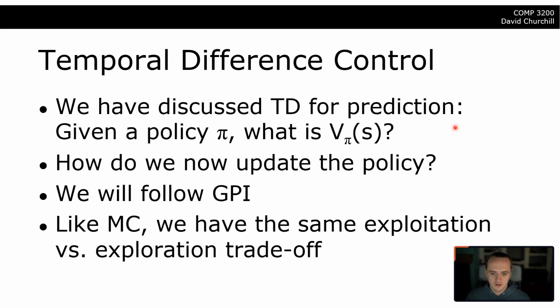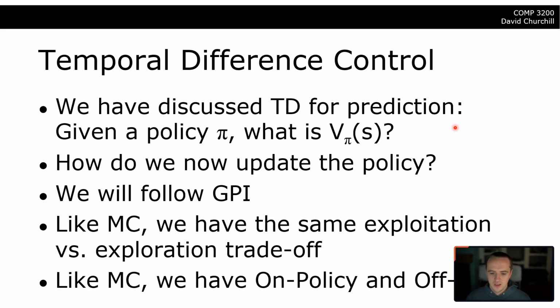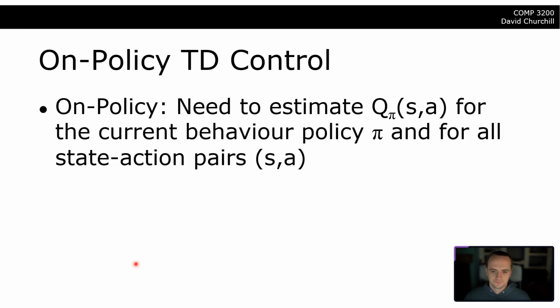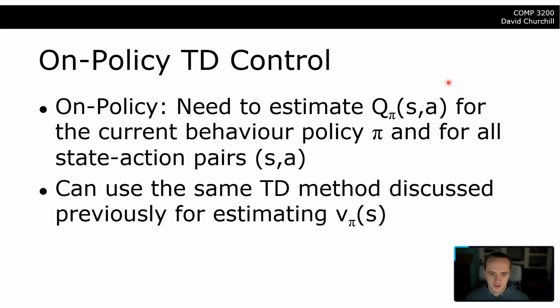Like Monte Carlo, we have the same exploitation versus exploration trade-off. And like Monte Carlo, we can have on-policy TD and off-policy TD. So what is on-policy TD control? In on-policy, we need to estimate Q pi of S,A for the current behavior policy pi and for all state action pairs S,A.